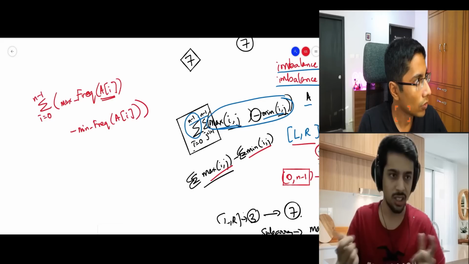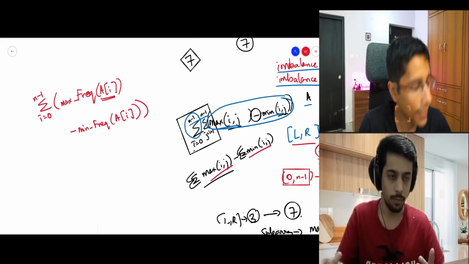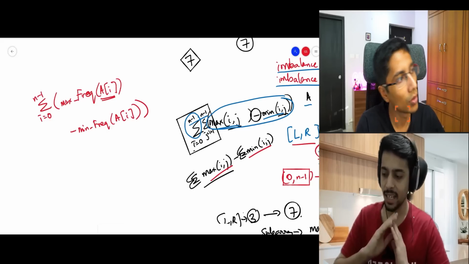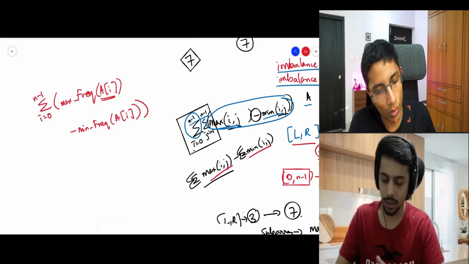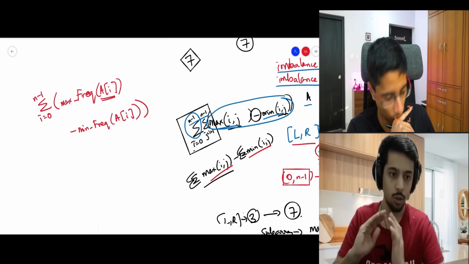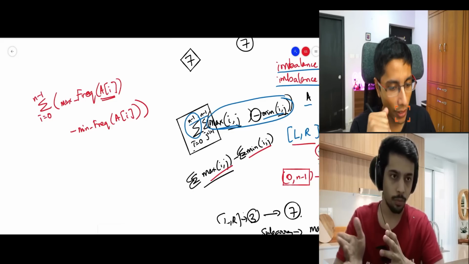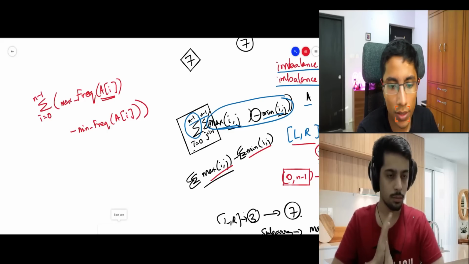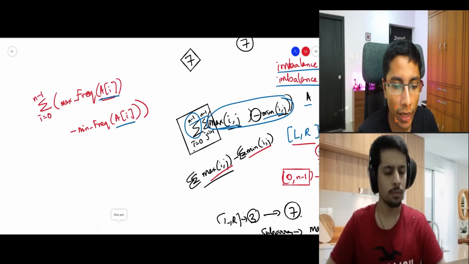So max of ij is going to be an element of the array. Yes. Okay, so it makes sense: in how many subarrays was this the maximum, and then you take them and add them. Right. So that's all we need to know. How many times have you come as a maximum, and how many times have you come as a minimum?